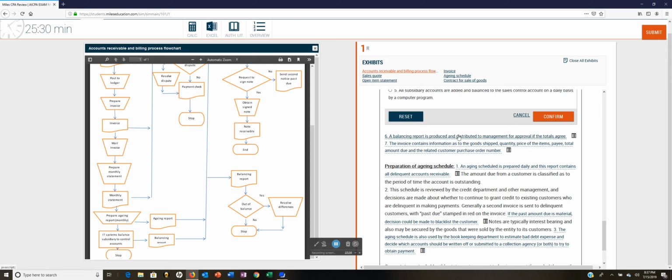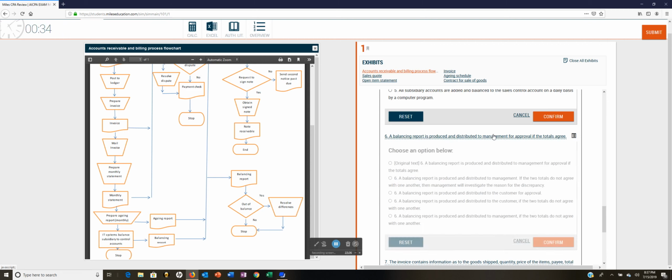A balancing report is produced and distributed to management for approval if the totals agree. Balancing, of course, is one of the internal controls that should be in the system, is to have the different departments come up with an answer, and then if the answer is the same, that's a good sign that things are correct.